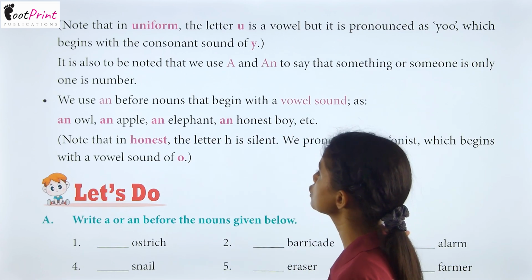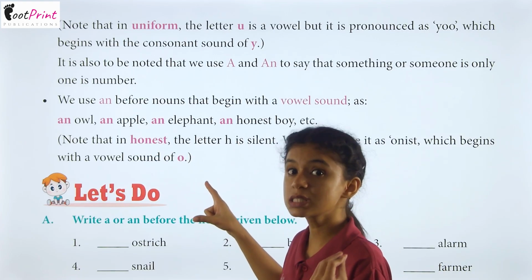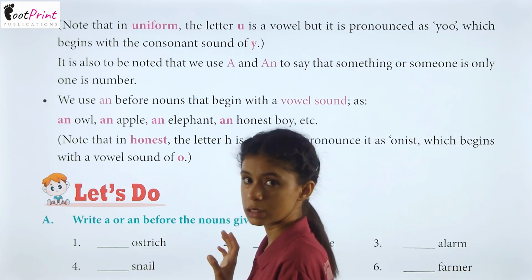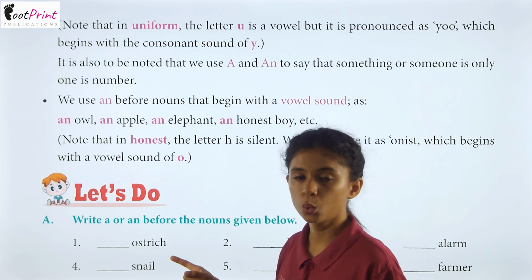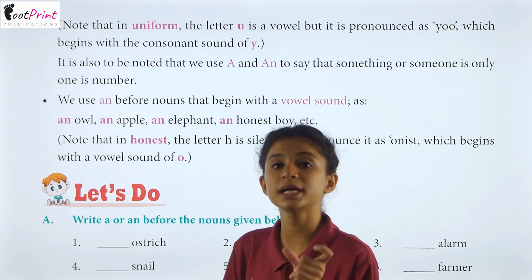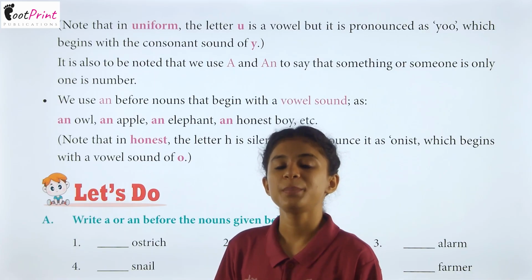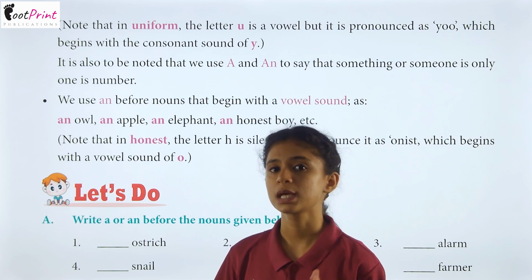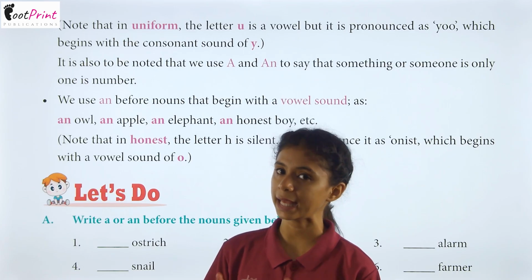Note that in honest the letter H is silent. We pronounce it as honest, which begins with the vowel sound of O. We are not talking about the vowel that you see in the beginning of a word, but the sound that the word makes when it begins. It should be the sound of a vowel if we are using an before it, and the sound of a consonant if we are using a before it.